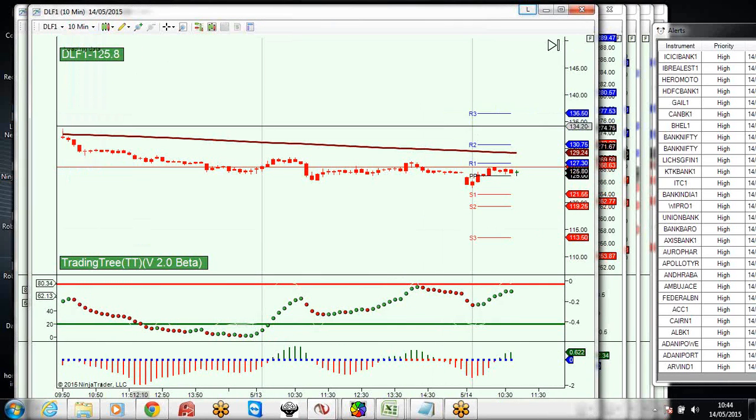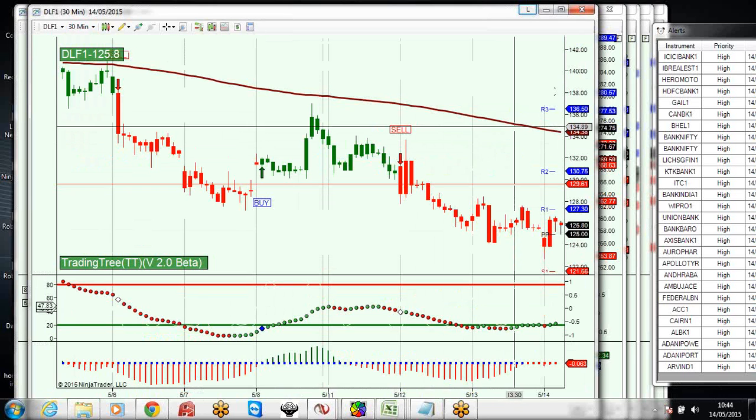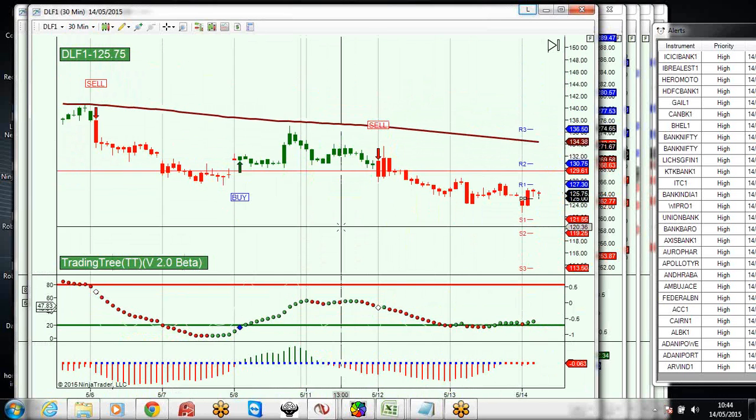In case you want to trade on positional or carryover basis, you'll be able to trade on a 30-minute chart.